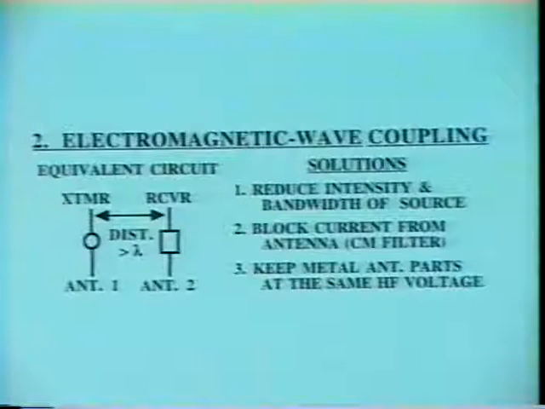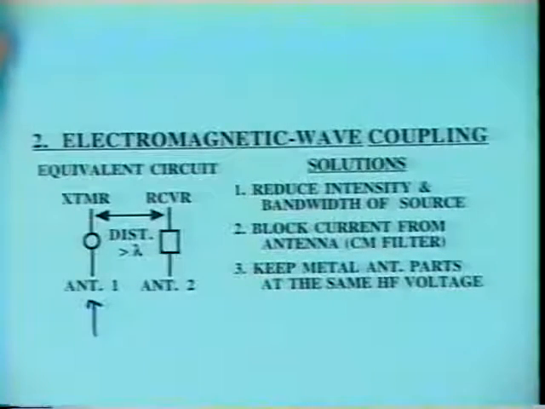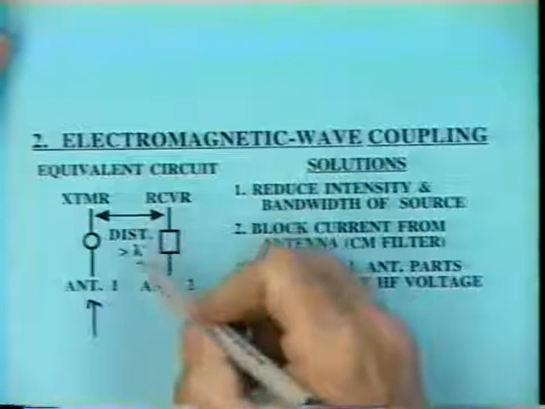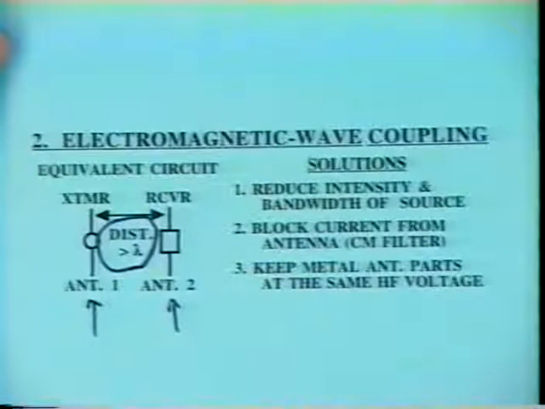What about electromagnetic waves? There you need a high-frequency source with an unintentional antenna usually, coupling, again, over a distance greater than a wavelength to another receiver antenna and system. Now, this other system might actually have an intended receiver, such as an FM radio or some communications receiver, or it may just have cabling that's acting unintentionally as a receiver.